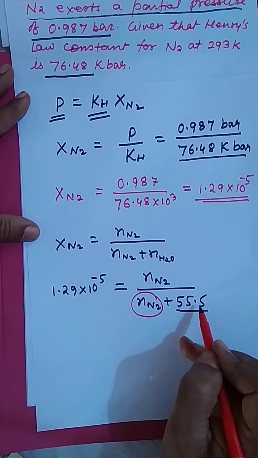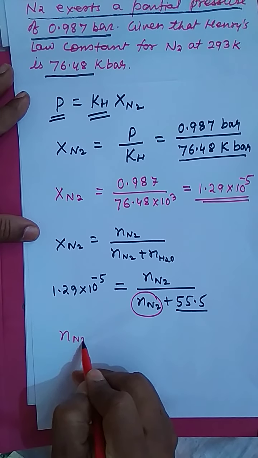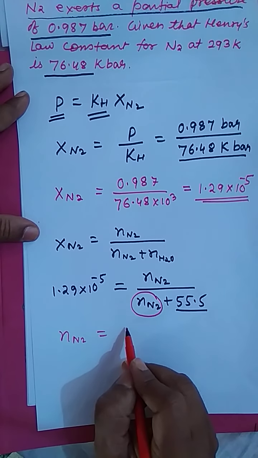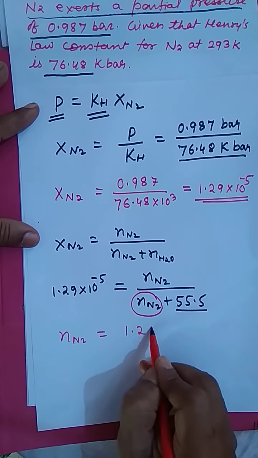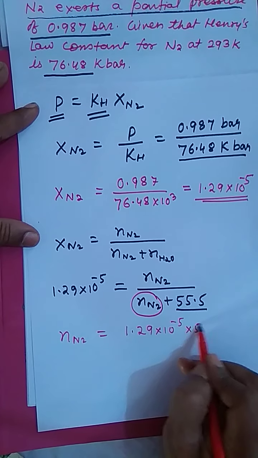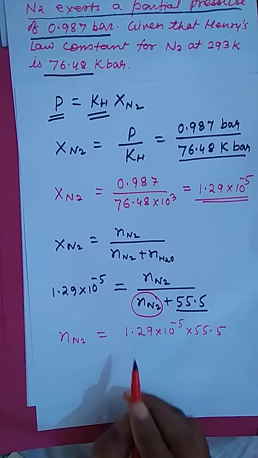in comparison to 55.5. Now the number of mole of N2 is equal to 1.29 into 10 to the power minus 5 into 55.5, right?